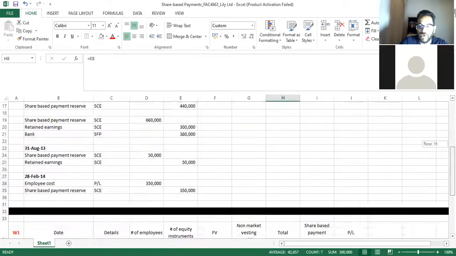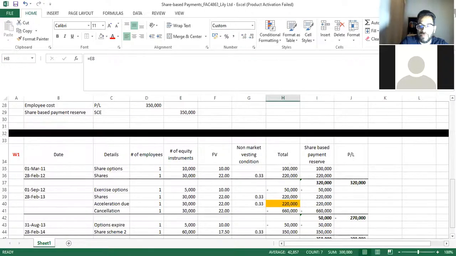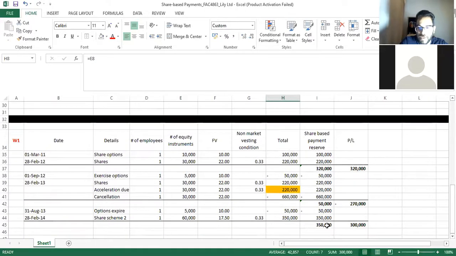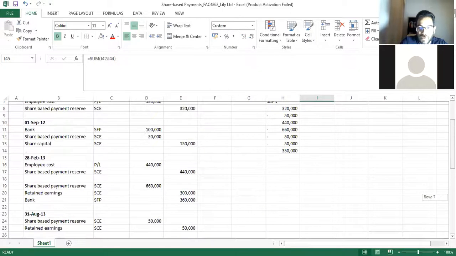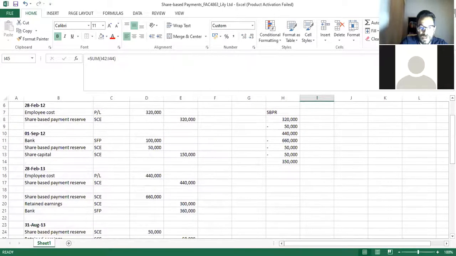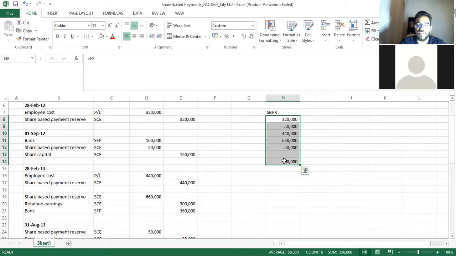So if you go back here to the bottom, you can see the expected closing balance. We have 350. So let's just have a look what's happening over here. Oh, I double counted that 50. So we want 350. There we go. There's the 350,000 Rand. Okay, so just take note of that.